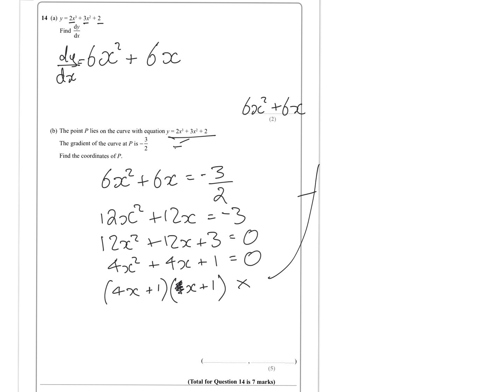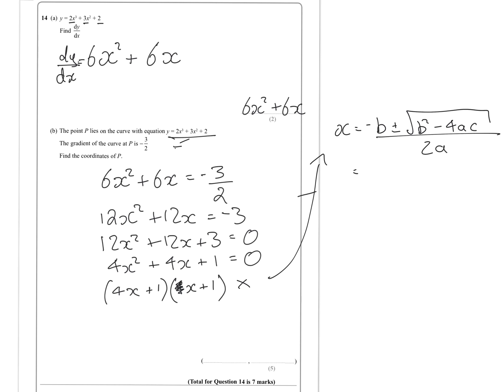I'm going to do it up here, give myself more space. So I've got x equals minus b plus or minus the square root of b squared minus 4ac all over 2a. That's a formula on the formula sheet.